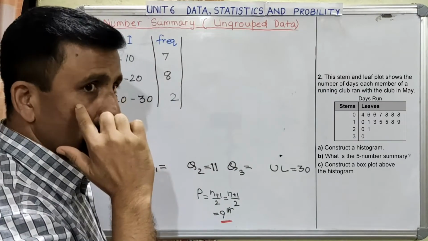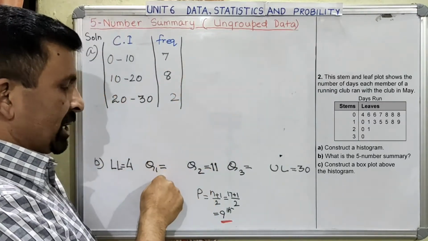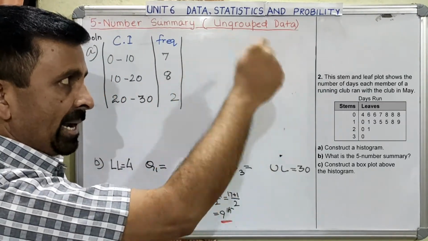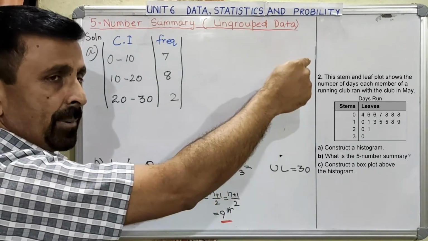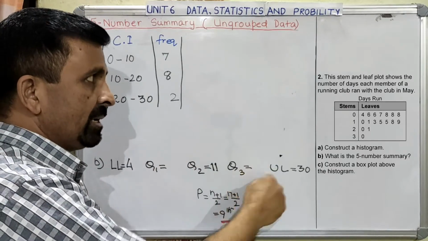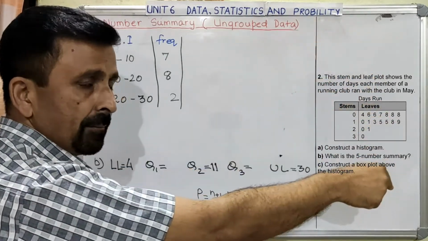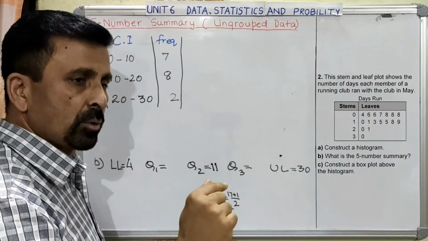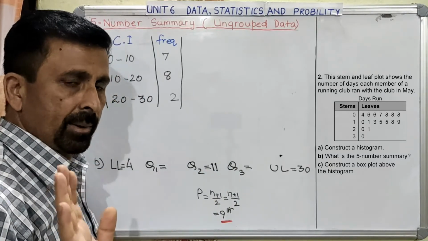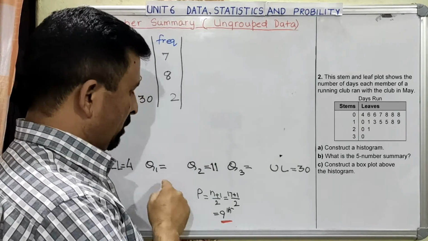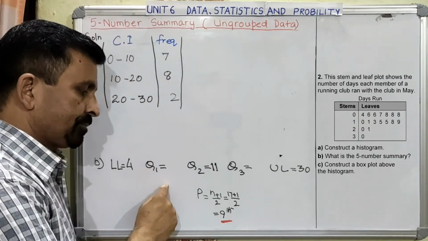This will remind you that when you calculate Q1, that 1 will be the ending, and when you calculate Q3, that same 1 will be the starting, because you have to know from where to count to reach Q1 and Q3. Am I understood?